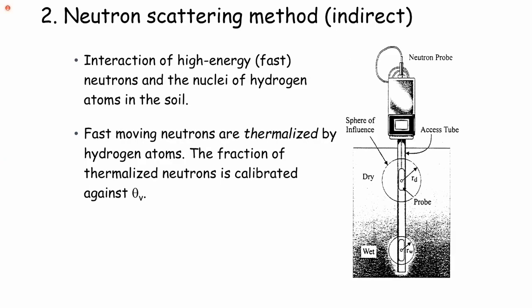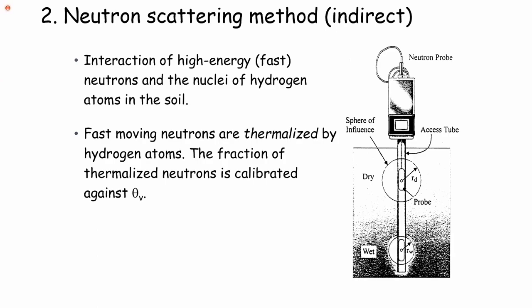Okay, so that is the principle of measurement of water using the neutron scattering method. Fast moving neutrons are thermalized by hydrogen atoms, and the fraction of thermalized neutrons is calibrated against volumetric water content.